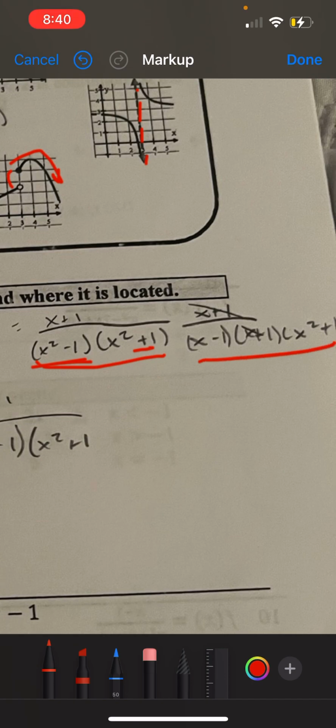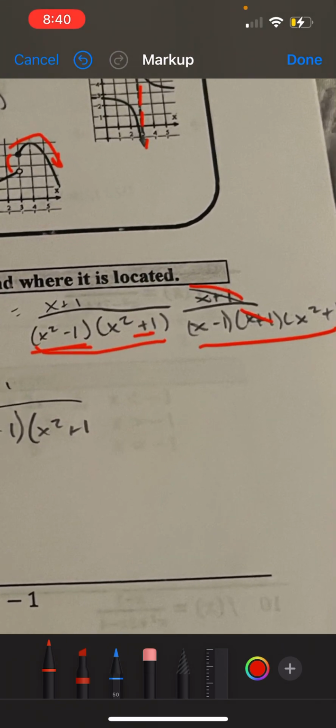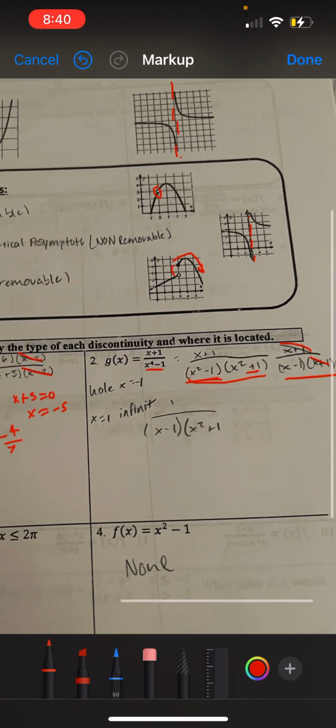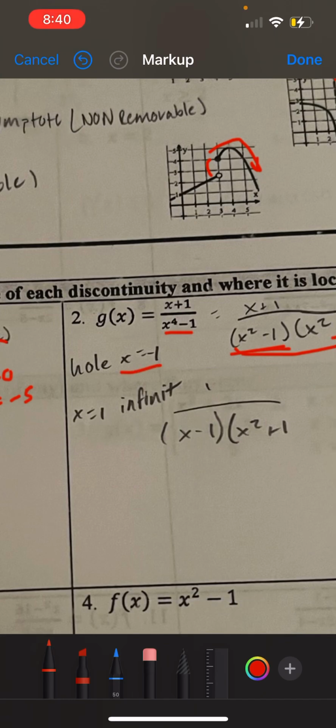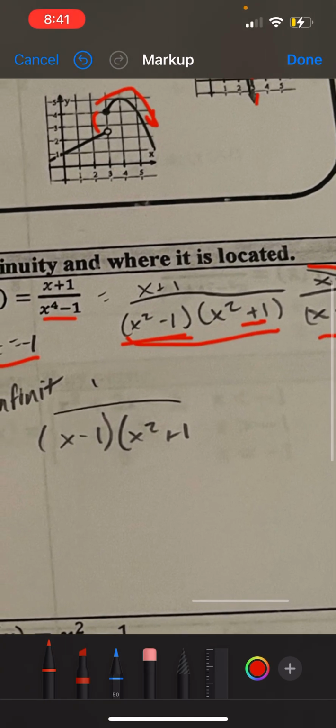And then the x plus 1 and x plus 1 cancel, right? Which automatically gives us a hole at minus 1, because what cancels out is a plus 1. So that gives us a hole at x equals negative 1, right? And then we're left with this equation, right?